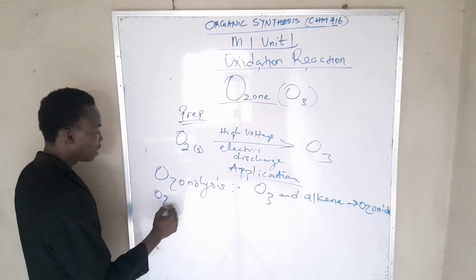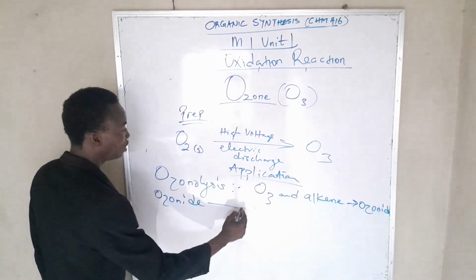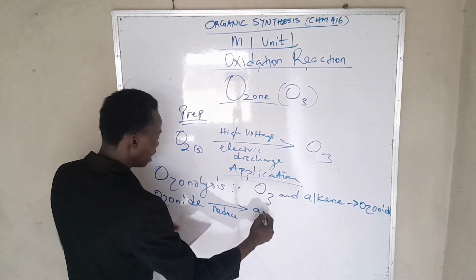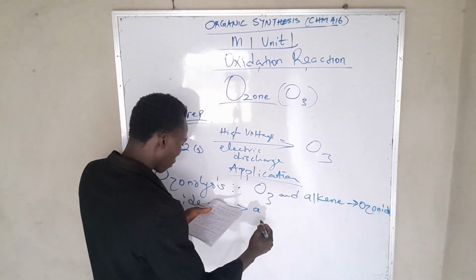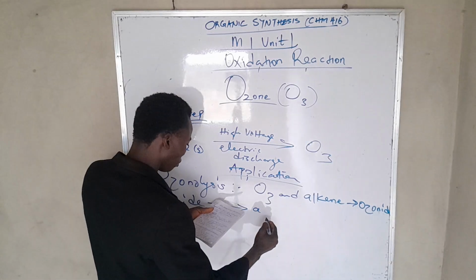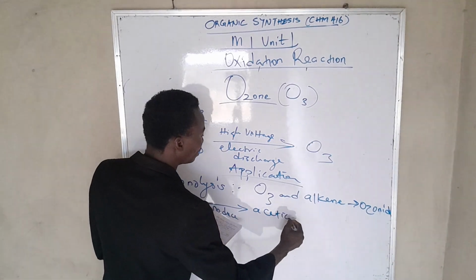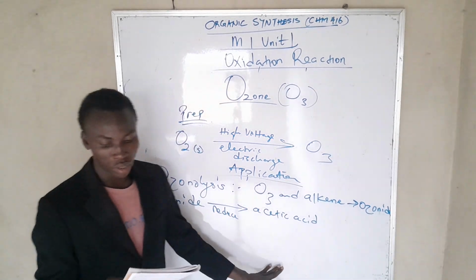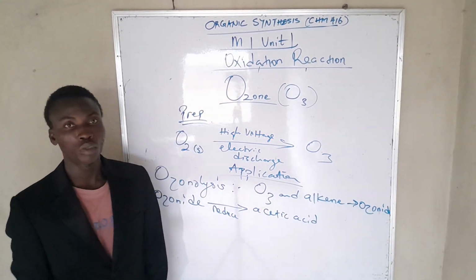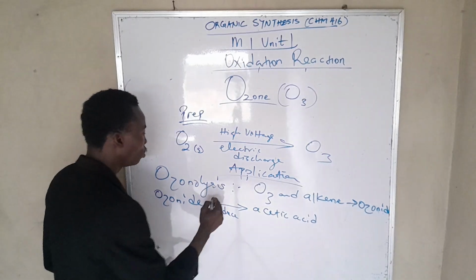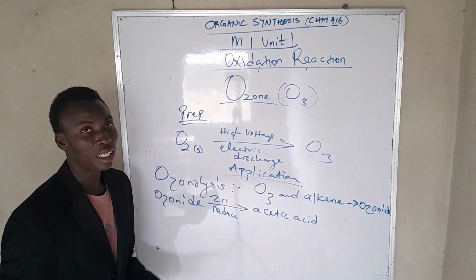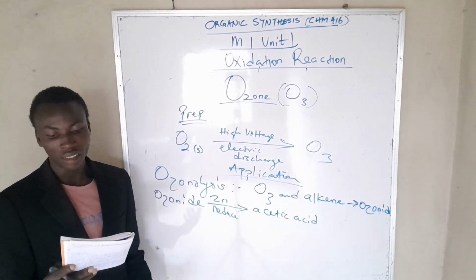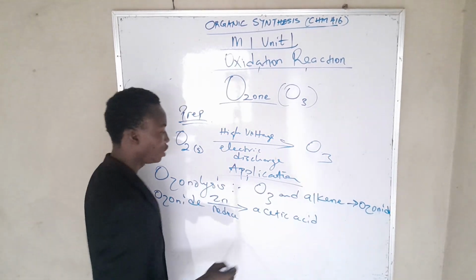The ozonide that we have there is further reduced by zinc metal. So we make use of zinc metal here, and eventually it yields aldehyde, or it yields ketones.